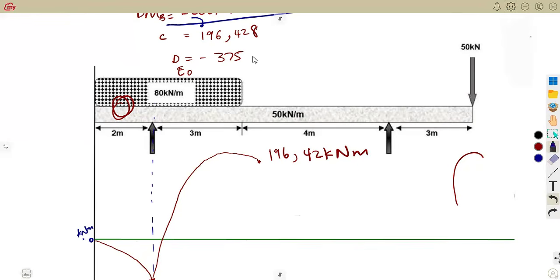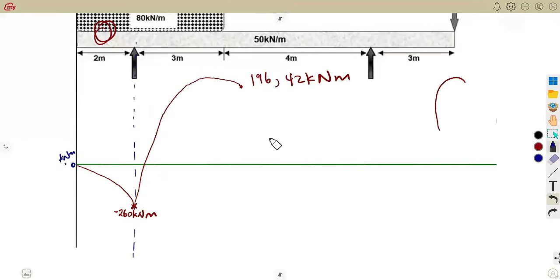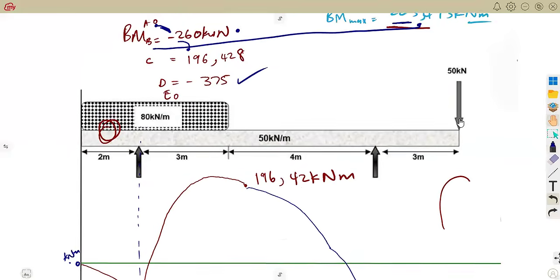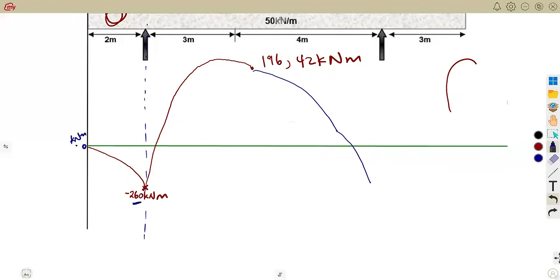Then from this one, it goes to D, which is in the negative. So it was going to be a curve again, guys, a curve to the negative. Negative 375 is below this one, so it's going to go somewhere there.